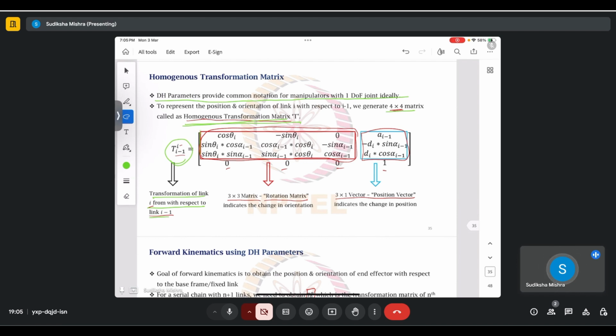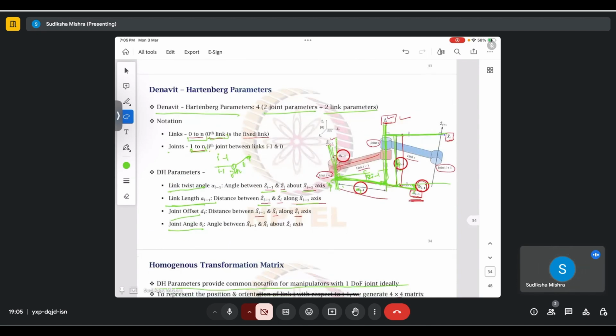Here this particular red box, which is a 3x3 matrix, is the rotation matrix, which indicates the orientation, and has terms related to theta i and alpha i minus 1, the joint angle and link twist angle.